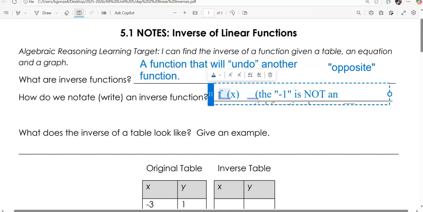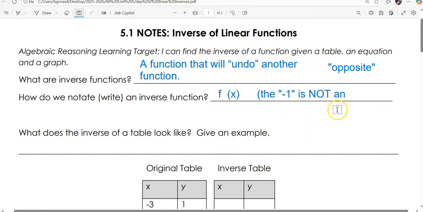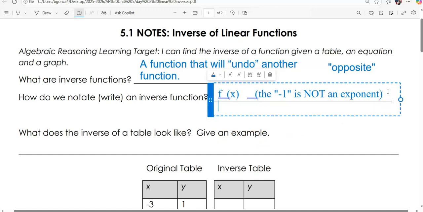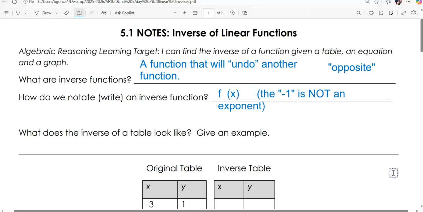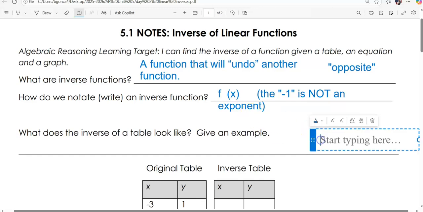It looks like an exponent, right? I'm just notating it on here for myself on the notes so it looks right.